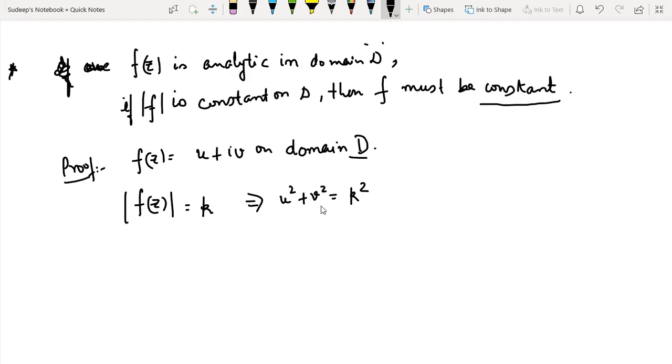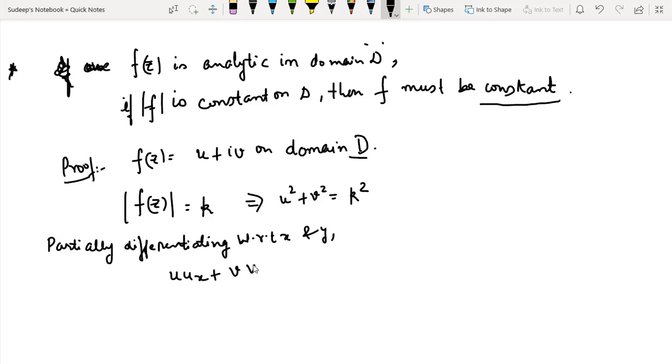Now, if I partially differentiate it with respect to x and y, what will we get? We'll get u into ux plus v into vx is equal to 0, and u into uy plus v into vy is equal to 0.